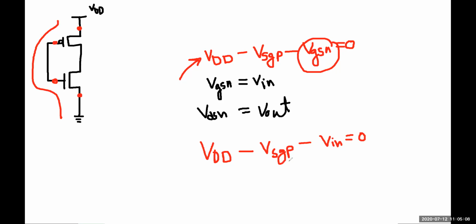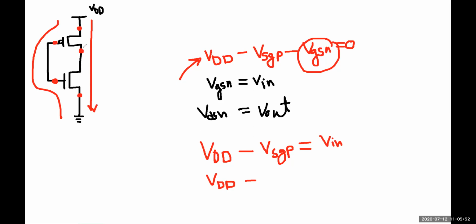Now take the VSGP on that side, or take the V in on that side. You can do either one. I'm going to take the V in on the other side of the 0, so that will become plus. So VDD minus VSGP is equal to V in. Now we will apply a KVL in the output side. What will be the formula? VDD minus this voltage.